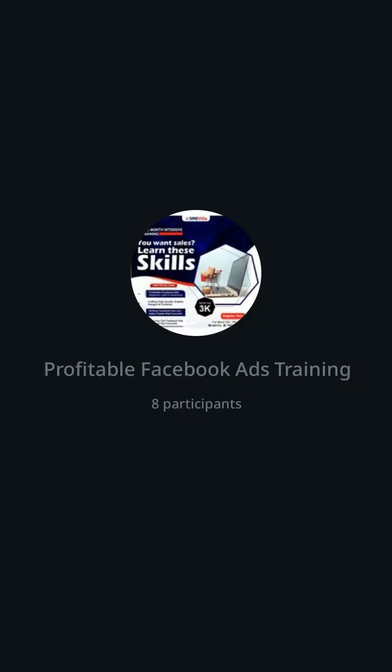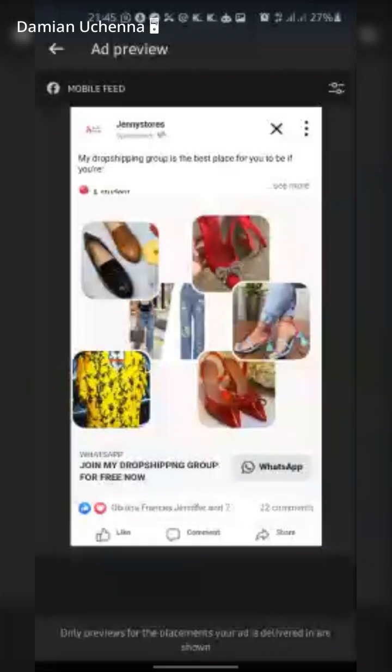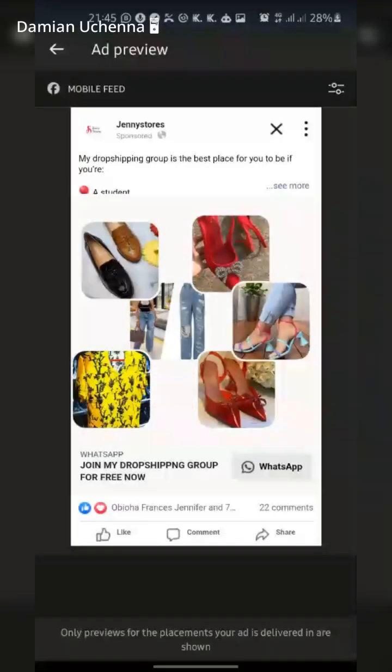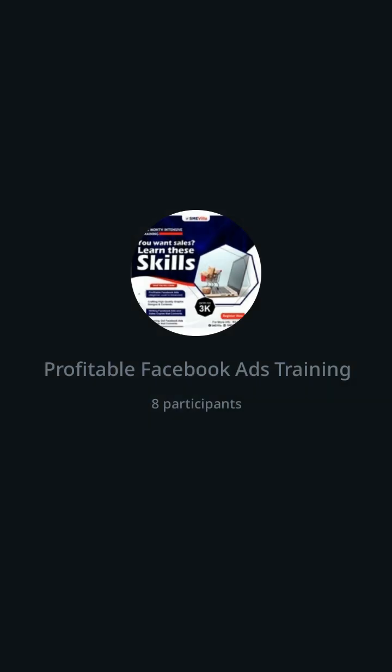And you see no write-up, nothing, because we want them to read the ad copy. Because you have to know why you are running ads. What message does your creative pass? Does it get them to read your ad copy? If you see this as you are scrolling, you will definitely stop because there is red there to attract you.